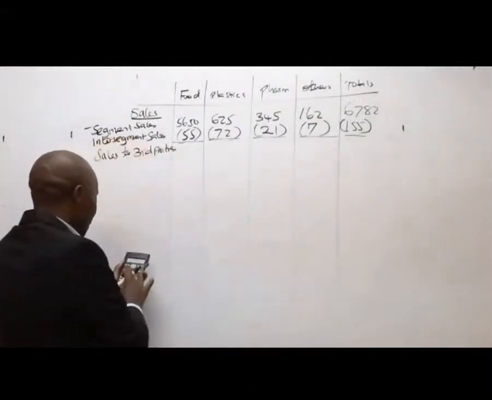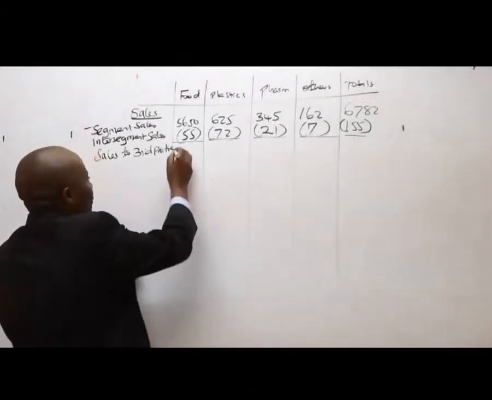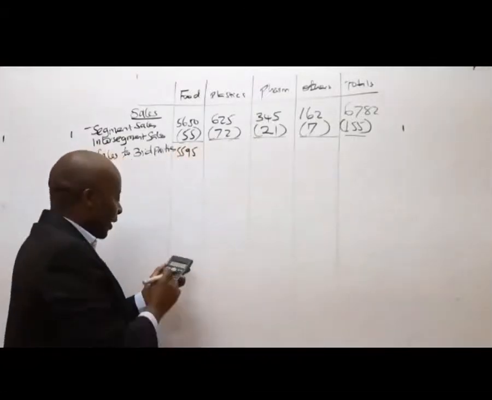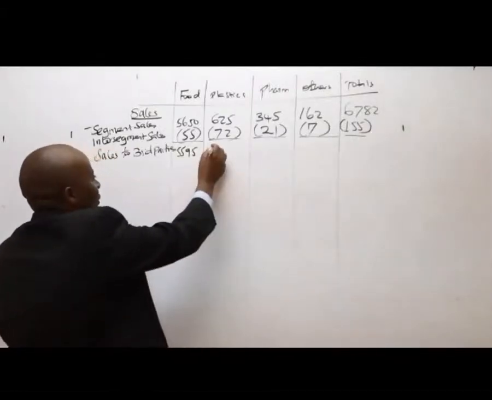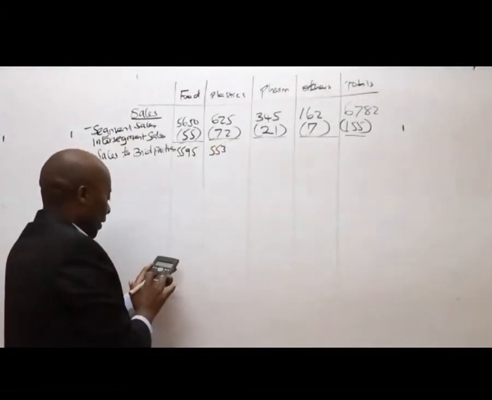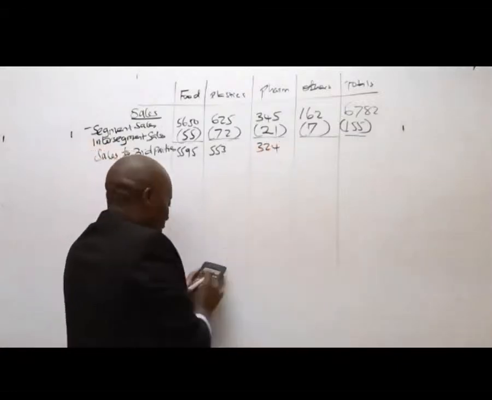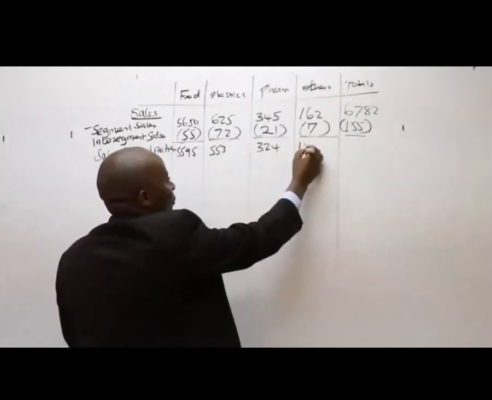So we have here 56.50 minus 55, giving me 55.95, and then 625 minus 72, giving me 553, 345 minus 21, giving me 324, and then 162 minus 7, giving me 155.